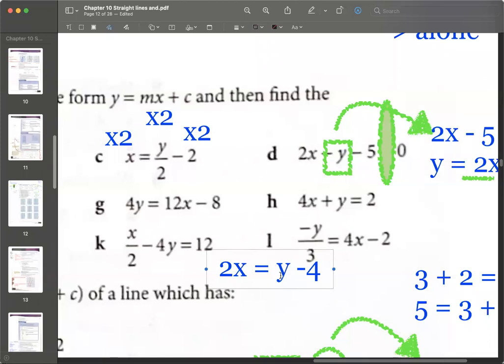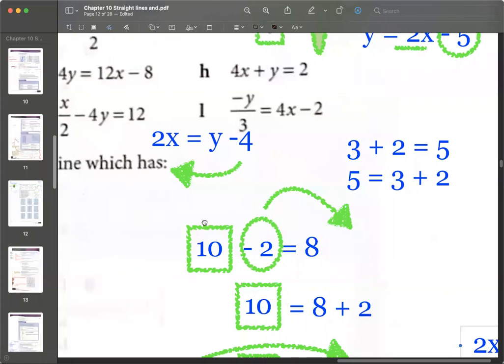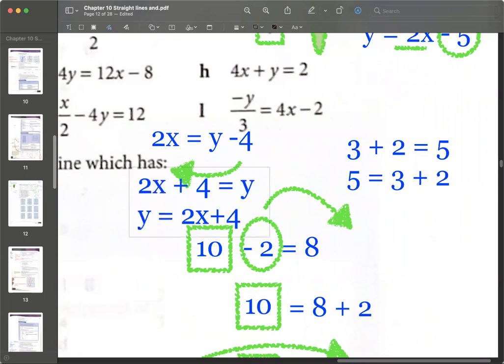It is positive already, so we just need to make sure it is alone. So -4 goes over to the other side, through the portal, and changes from negative to positive. So I will get 2x plus 4 equals y. Y equals 2x plus 4.